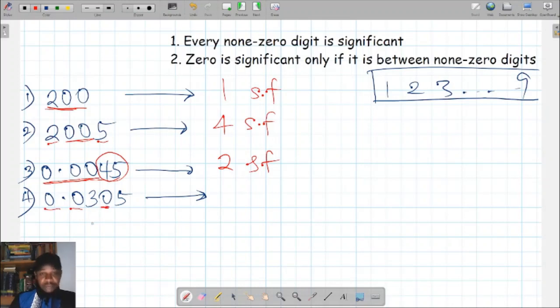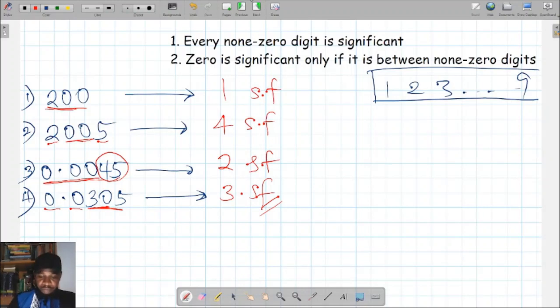However, this other 0 is significant because it is between 3 and 5. So altogether, the significant digits are 3, 0, and 5. So there are 3 significant figures in there. I hope this clears your mind as to what significant figures are. 0 is the only digit that is not significant, but it becomes significant when it is between two non-zero digits.